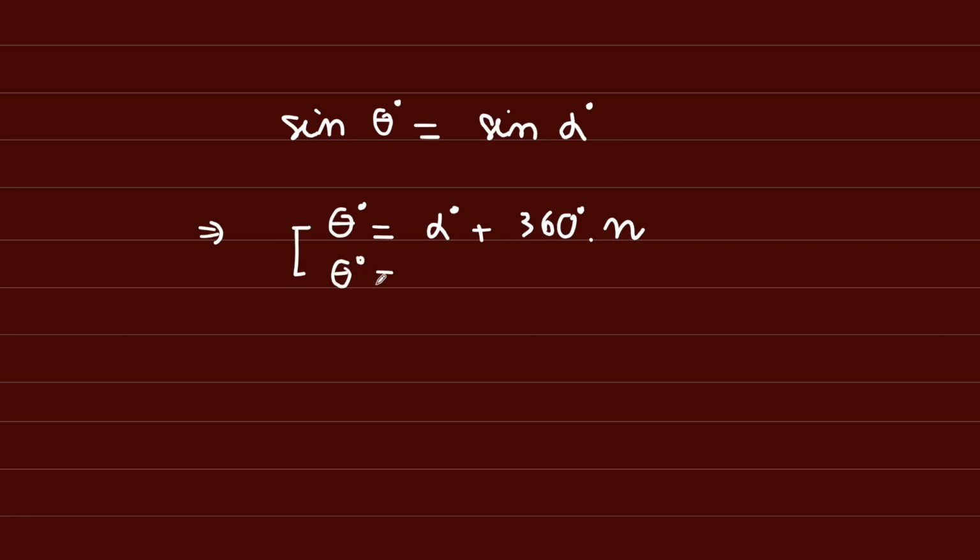And the second one represents the supplementary angle, 180 minus alpha plus 360 degrees multiplied by n. Okay, so after the three examples, I think you understand the two general solutions for the sine trigonometric function.